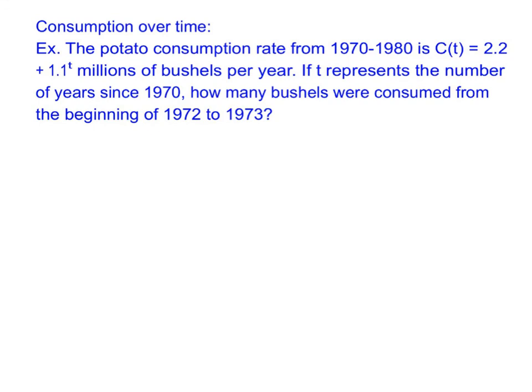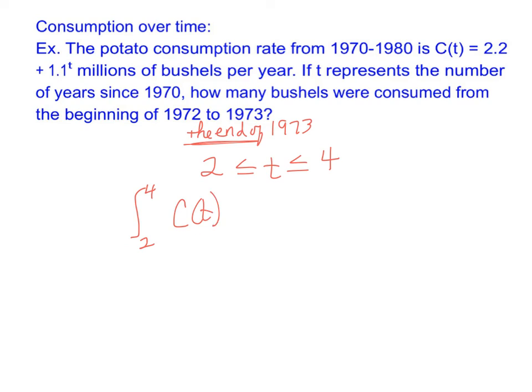How many bushels were consumed from the beginning of 1972 to the end of 1973? So let's talk about time. Well, time is going to be somewhere between, 1972 is 2 years past, end of 73 would be 4, right? Not the end of 4, but the beginning of 4. So the cumulative effect of a consumption rate would look like this, from 2 to 4 of this function, c of t, dt.